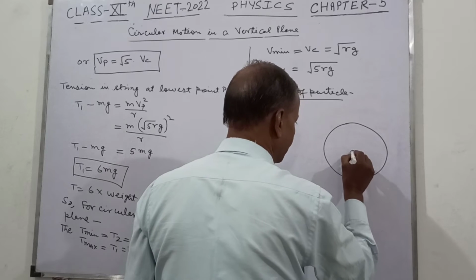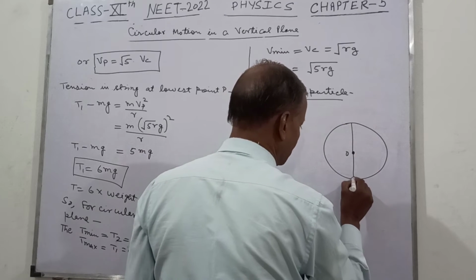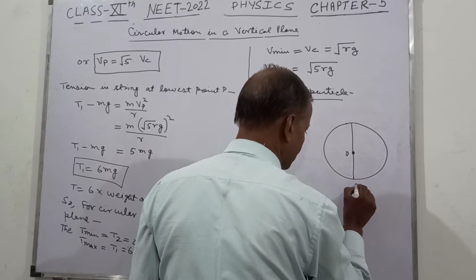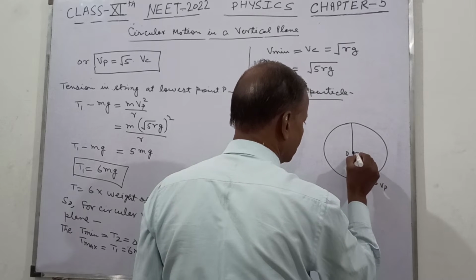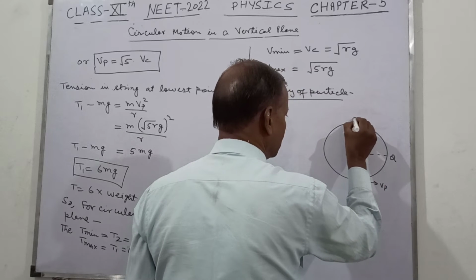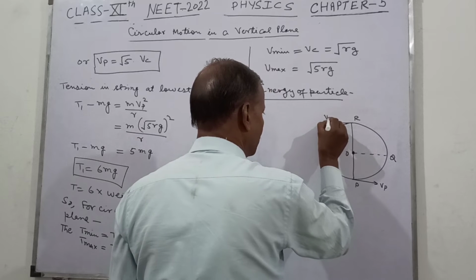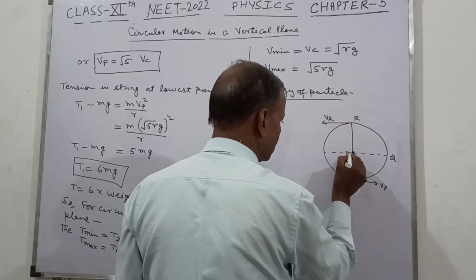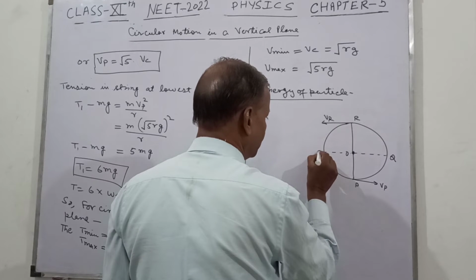This I have taken O, this is now your point P, velocity is Vp, this is your point Q, this is now point R, here the velocity is equal to Vr, and this is now point S.